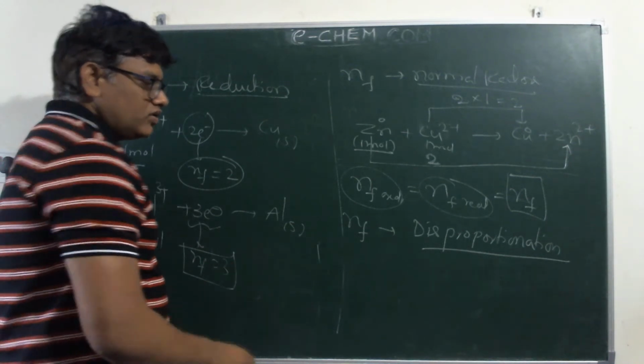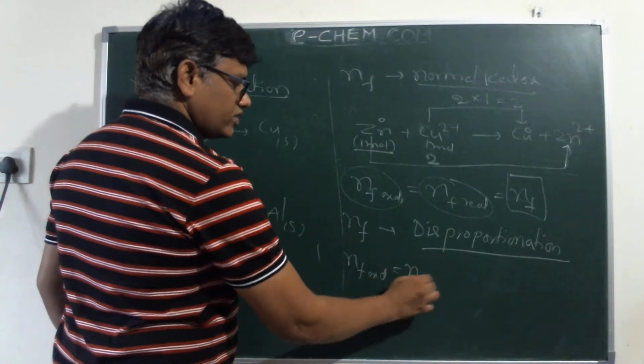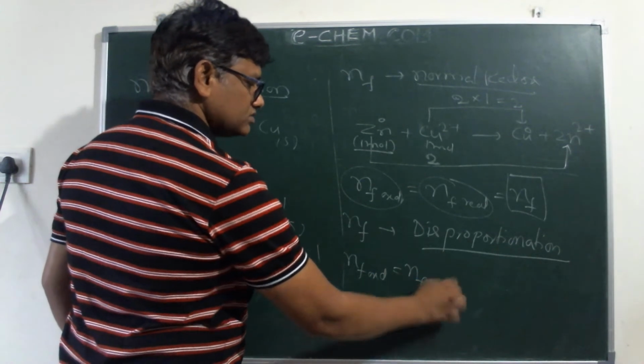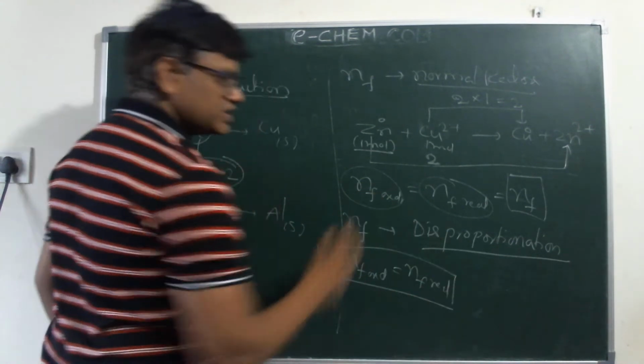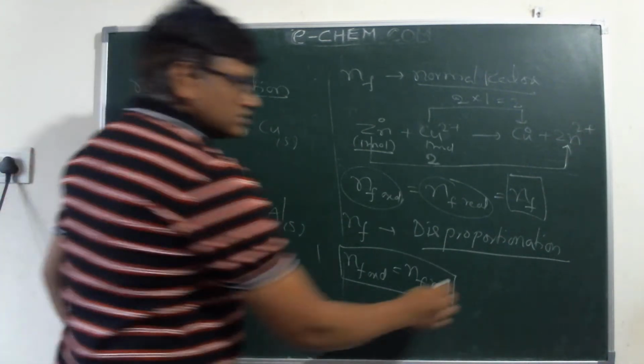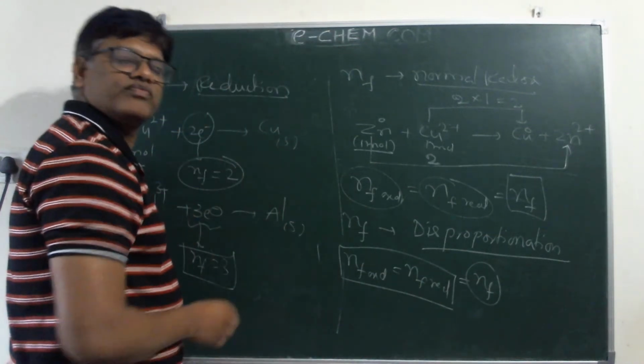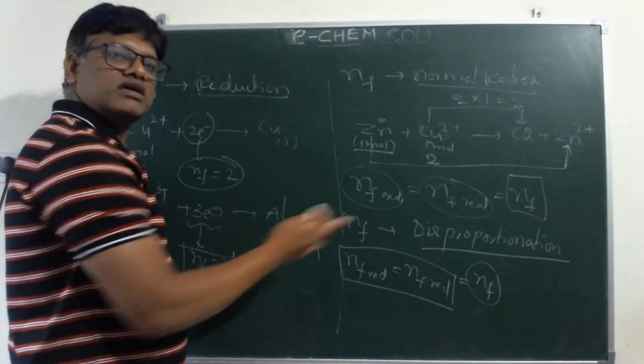If the n factor of oxidation is equal to the n factor of reduction in the disproportionation reaction, then the n factor of the reaction can be taken as either one, with respect to oxidation or reduction.